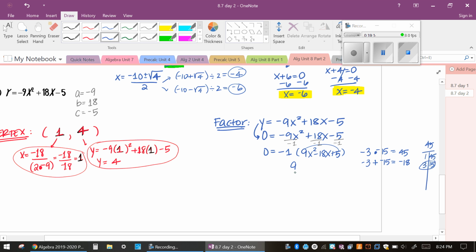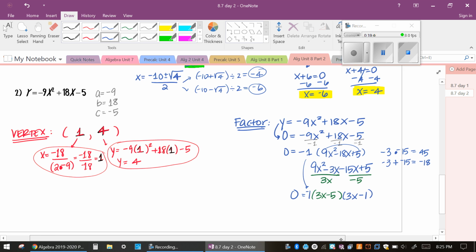So I'm going to go ahead and factor this. Take the GCF of the first 2. Take the GCF of the second 2. And then write down the remainder. Just bring down that negative 1. Okay. So I've got 3x minus 5 and then 3x minus 1.